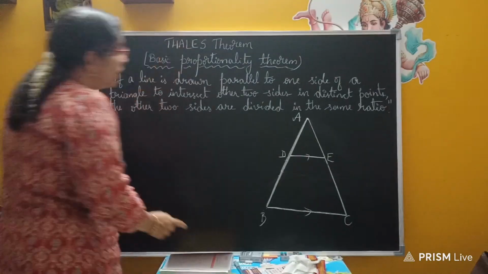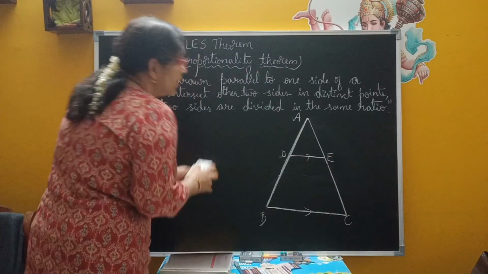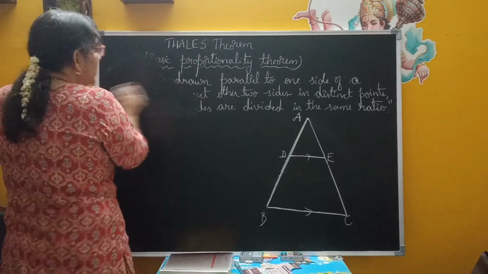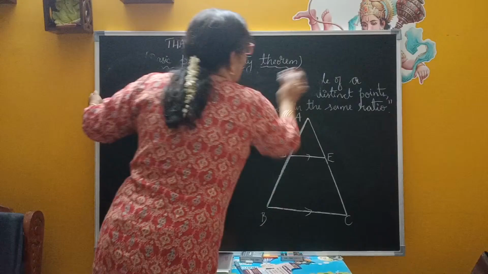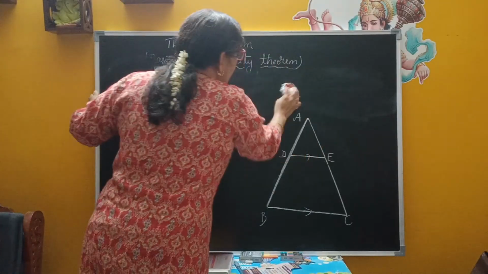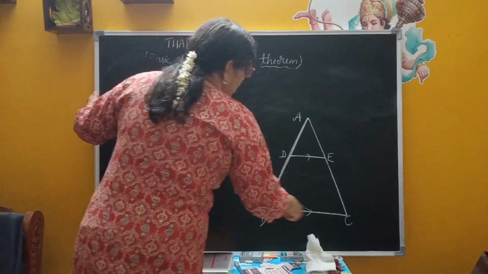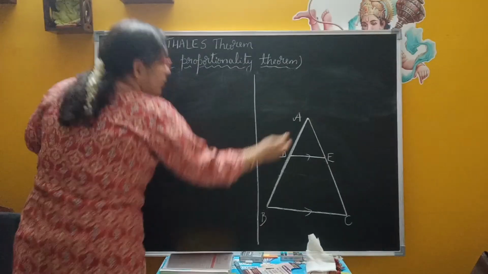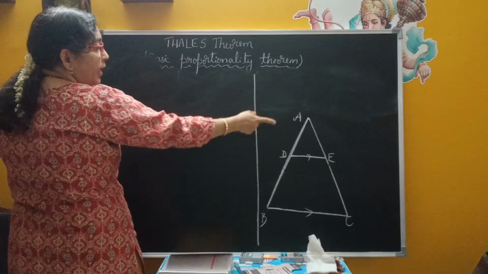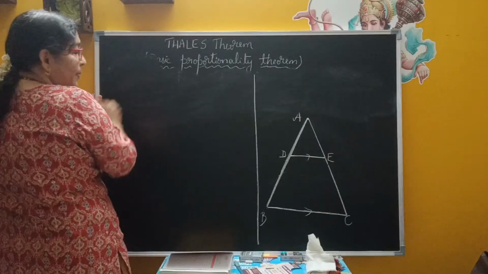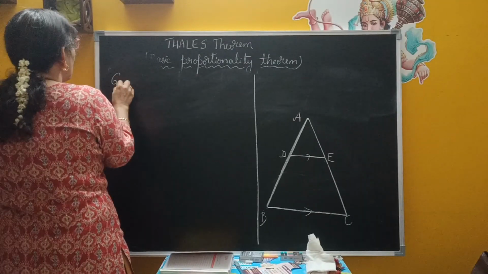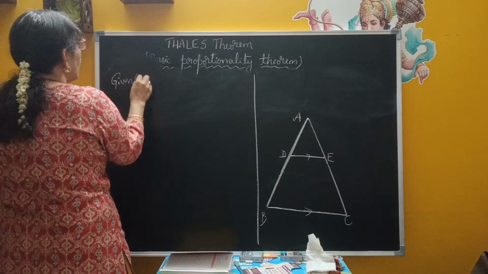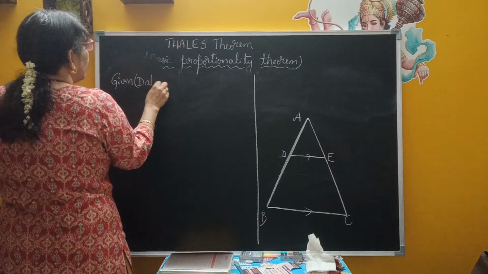Now let us prove this statement, based on the figure. Now, what is the figure? The figure says, in triangle ABC. What is given, we always call it data. Given or data, both are the same.